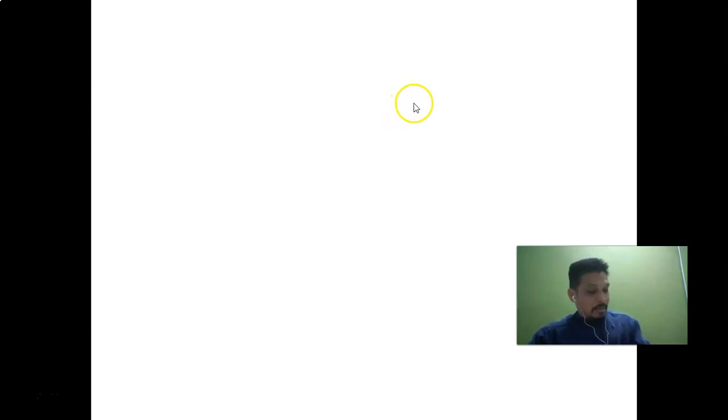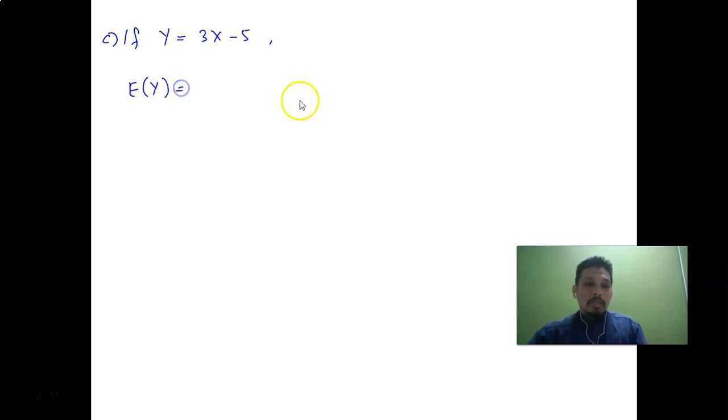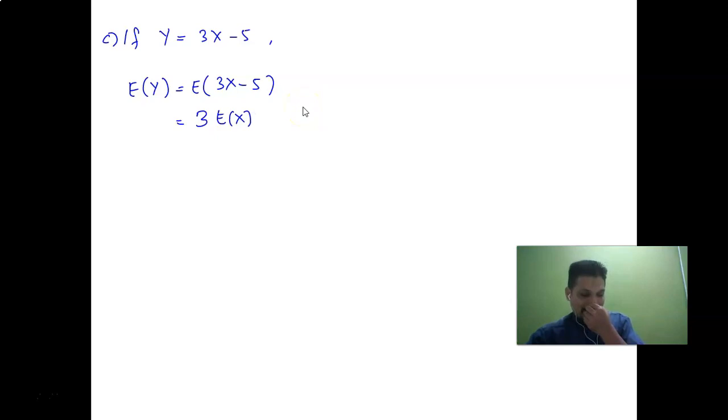And next, look at the question of C. If y equal to 3x minus 5, let's find out E(y). And this one here is the expected value of this function, so it is the expected value of 3x minus 5, which is 3 times E(x) minus 5.